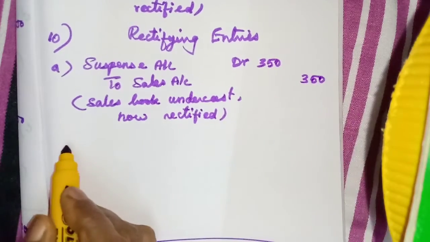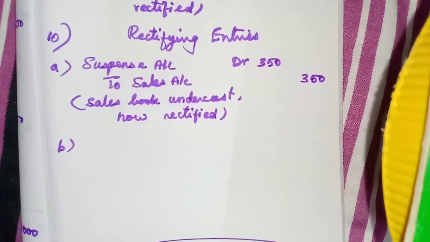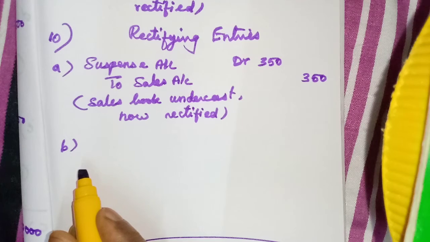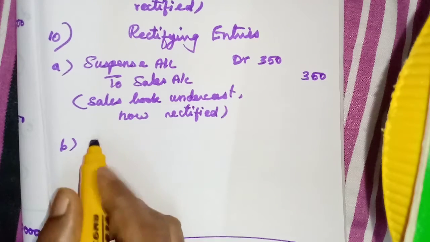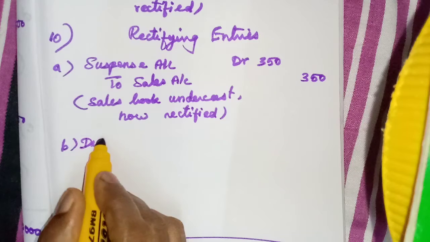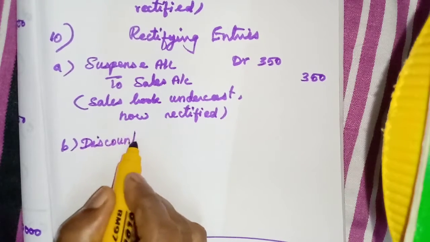Then B. I will read. The total of the discount column on the debit side of cash book was not posted. Yesterday we have seen this type of problem, isn't it? Debit side of cash book, the discount column means discount allowed. That shows debit balance, a loss, that we have not posted. So again that means less, so again we need to debit. What should be credited? Suspense. So you have to write discount allowed.